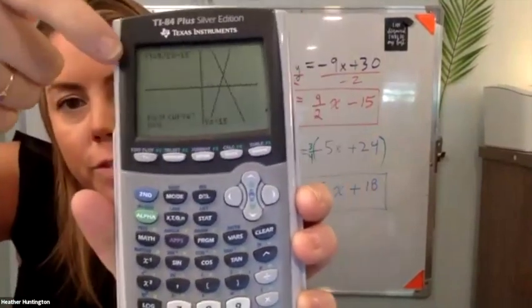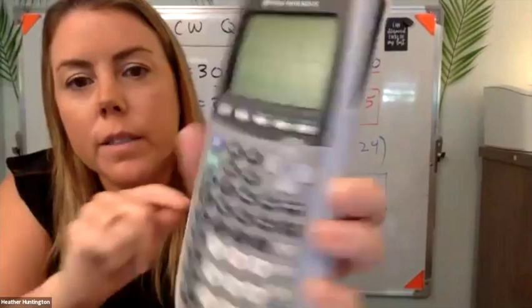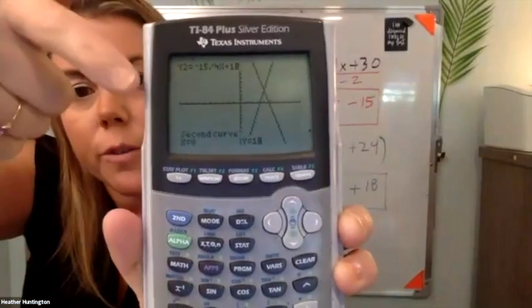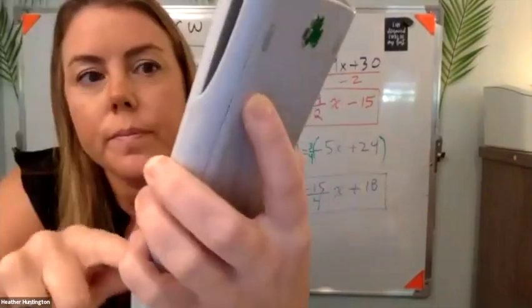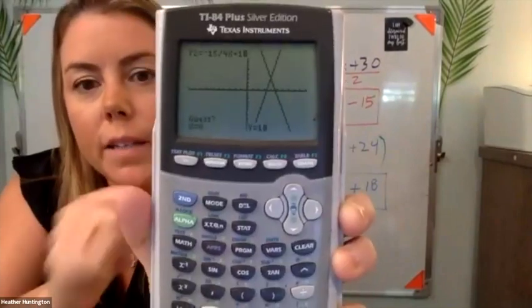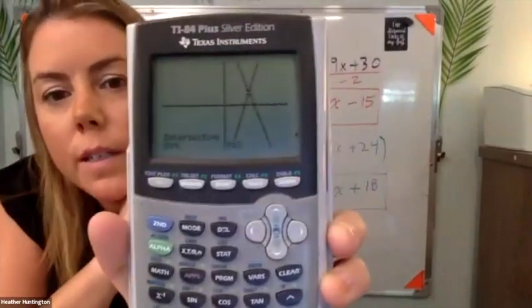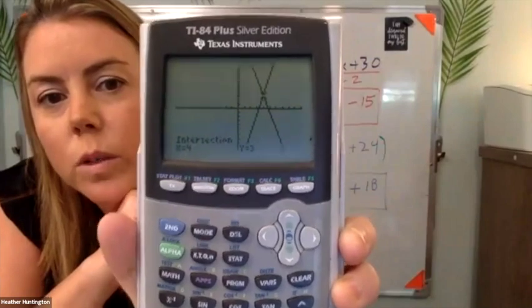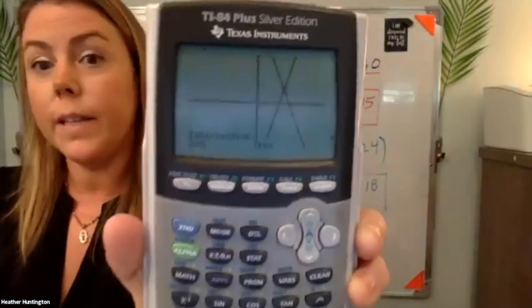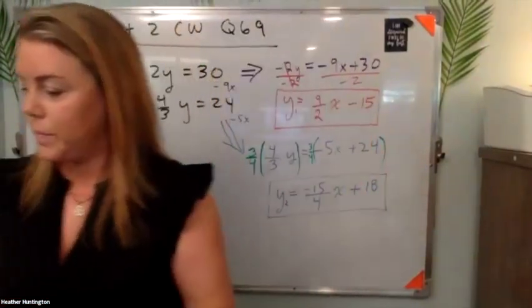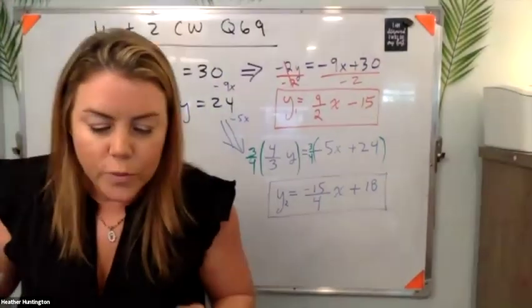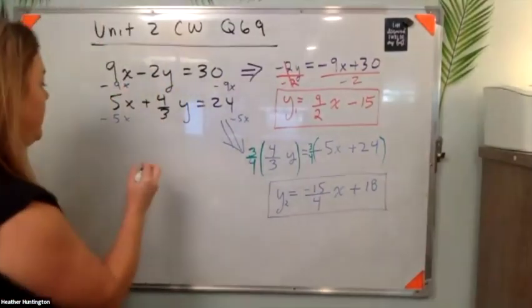So the first curve is y1, so you press enter. The second curve, question mark, is y2. And then it says guess. You press enter again. And if you see, we get x equal to 4, y equal to 3. And that's the solution to the system. So 4, 3.